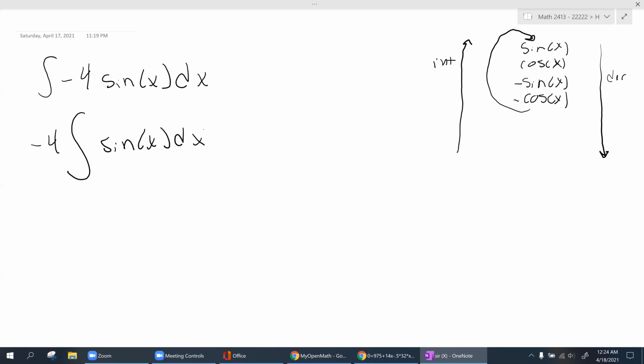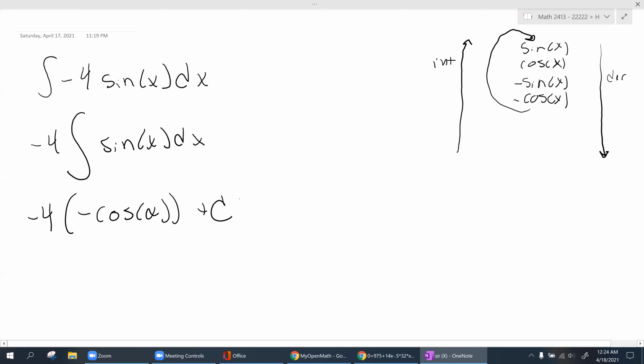Which function is that? Oh, okay, you're the mathematician, so you know, I know cosine gives me sine, but cosine changes sign, so that means it has to be negative cosine, because the derivative of negative cosine gives you positive sine. So the integral of this would be negative cosine of x plus c.